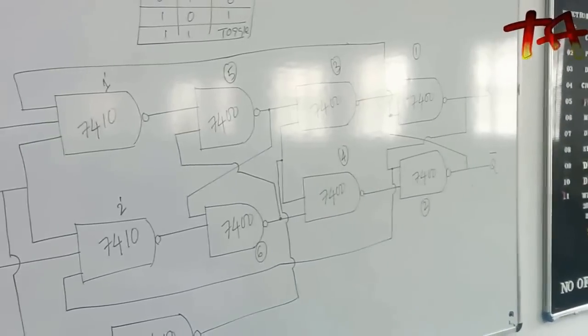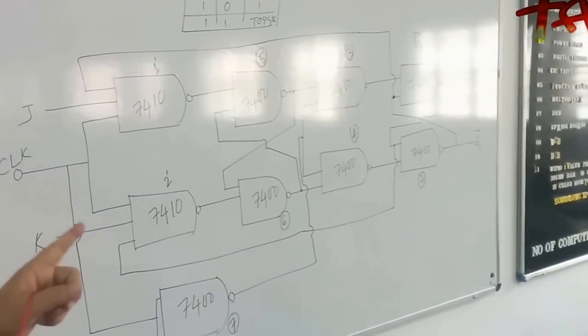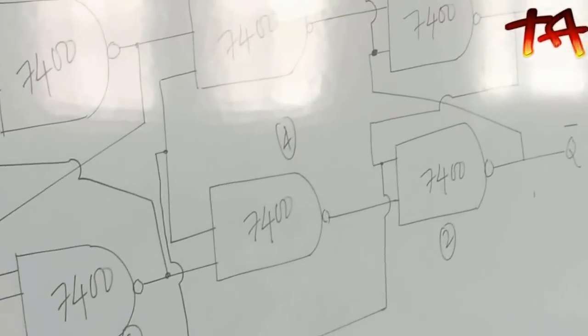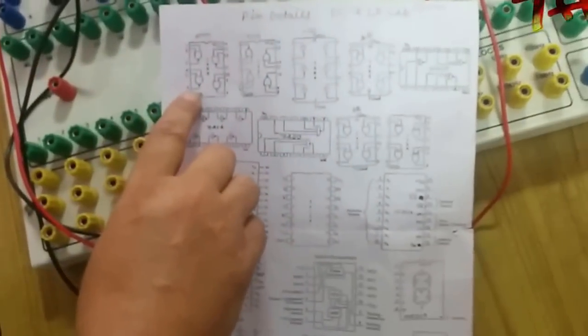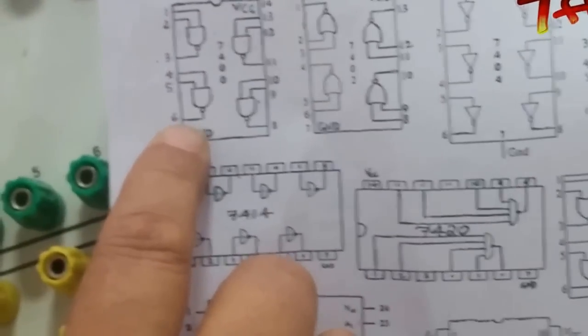Then you come to gate number 2's other input, which is pending. It will be coming from the output of gate number 4. What is the output of gate number 4? You can see that gate number 4's output is 6.